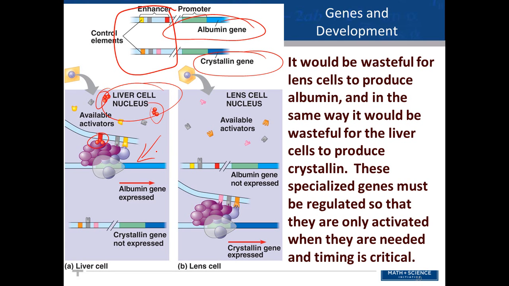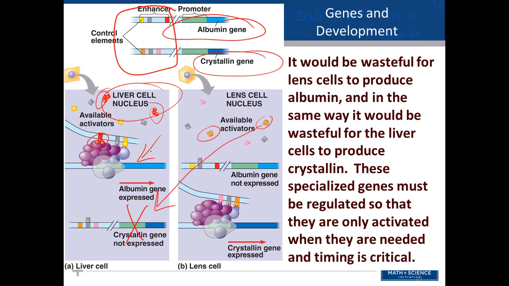And looking at a lens cell, here are a different set of transcription factors that are necessary to activate the crystalline gene. And because these transcription factors are not found in the liver cell, the crystalline gene is never transcribed.